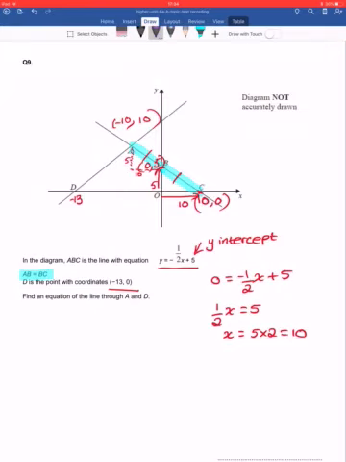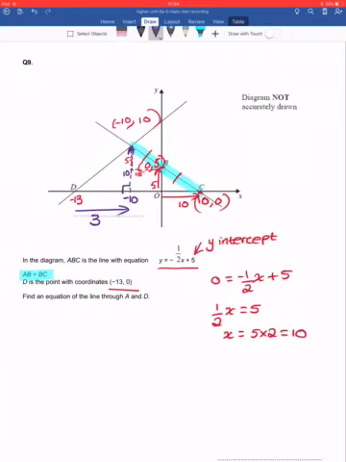Right, I've got my coordinate A now, and I'm going to use this to find out the equation of my line AD. So I'm now going to bring a perpendicular down there. Okay, I know that that point there is minus 10, and I know that it's 10 tall. So this difference here is actually 3.